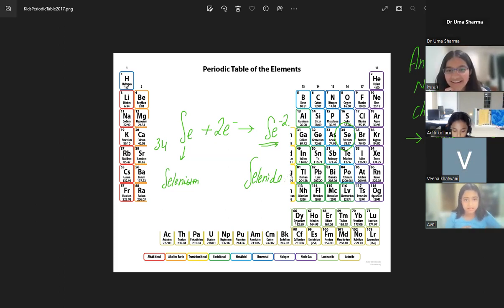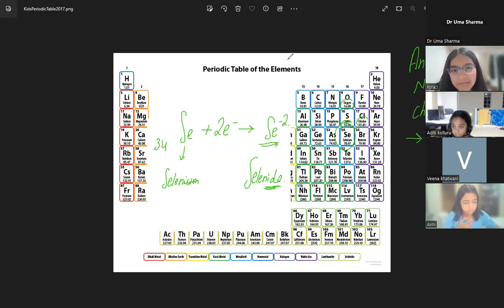I said suffix "ide." So I placed a suffix here, suffix "ide." Every name will have a suffix "ide." The name will be like this: oxygen, oxide; sulfur, sulfide; chlorine, chloride. You're getting it?